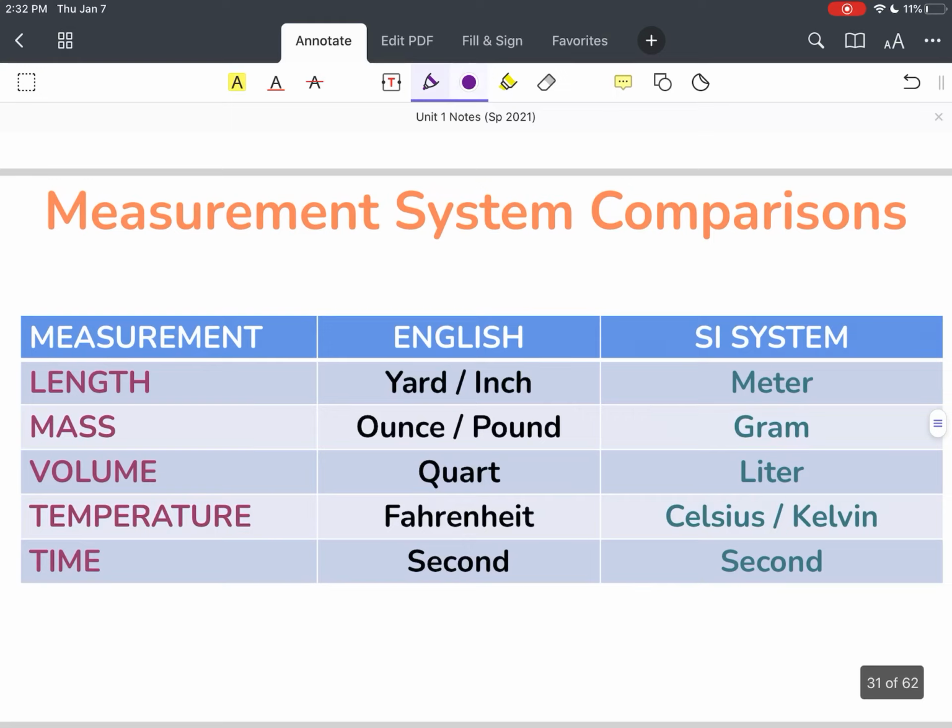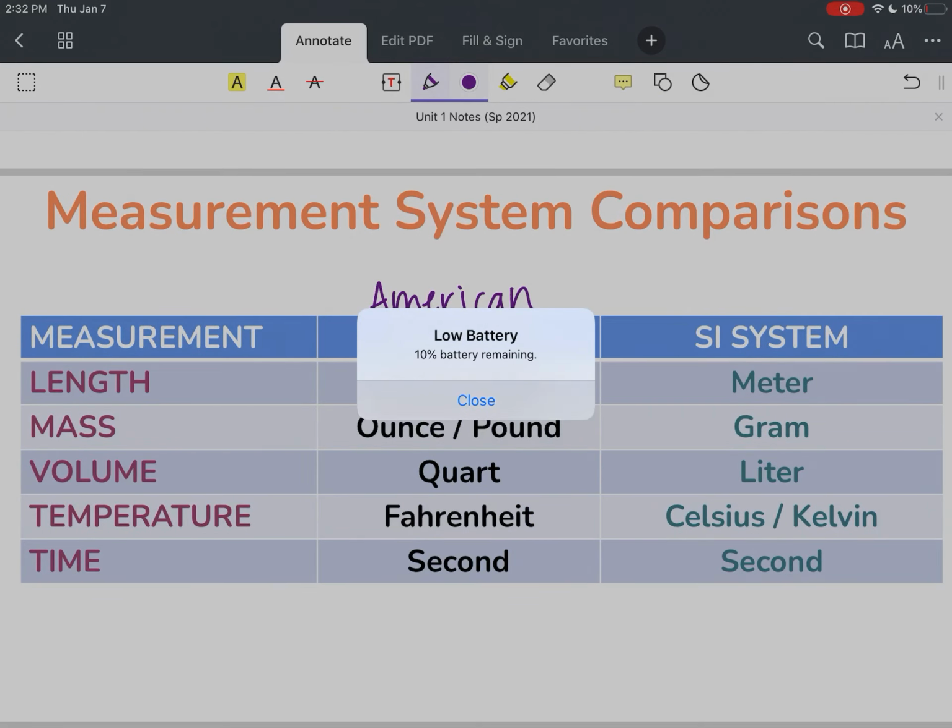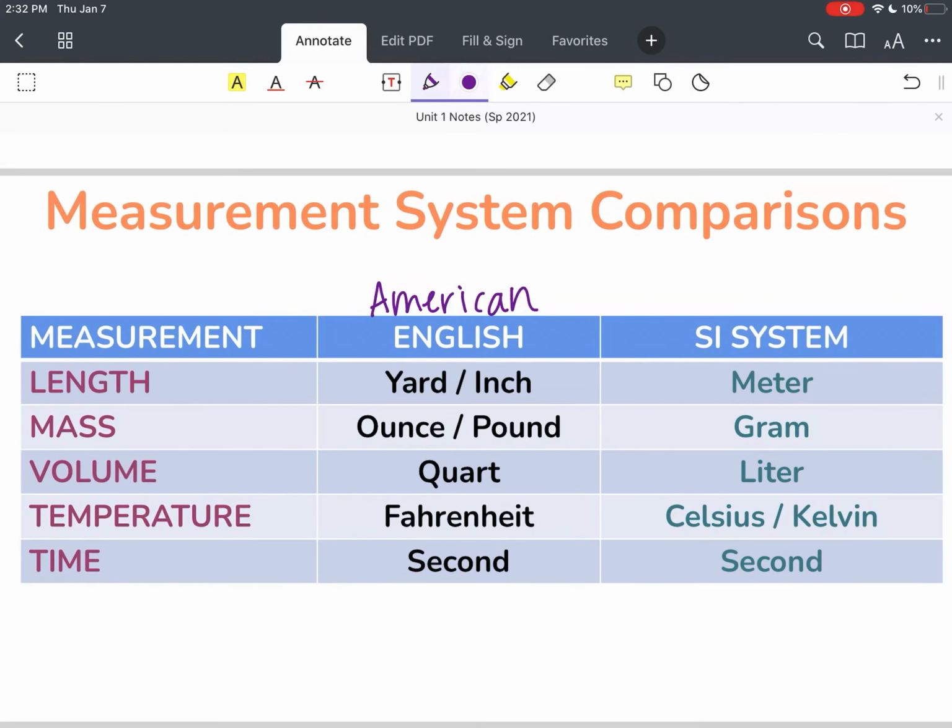So here's the chart that you're going to fill in. Okay, so in America we use, we should specify it's America because in Great Britain, they do use the SI system. For length, we use things like yards, inches.